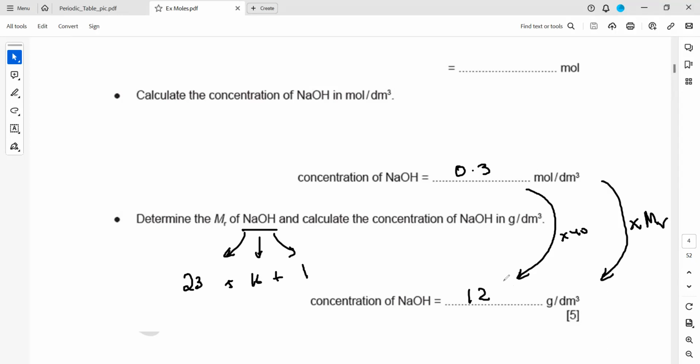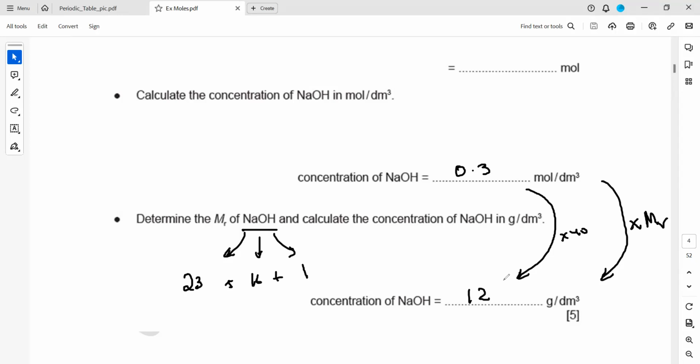So moles per dm cube is also a concentration. Grams per dm cube is also a concentration. Moles per dm cube means how many moles are in 1 liter or 1 dm cube, and grams per dm cube means what mass is there in 1 liter or 1 dm cube. Usually they ask this question as the last step, converting the concentration from moles per dm cube to grams per dm cube.